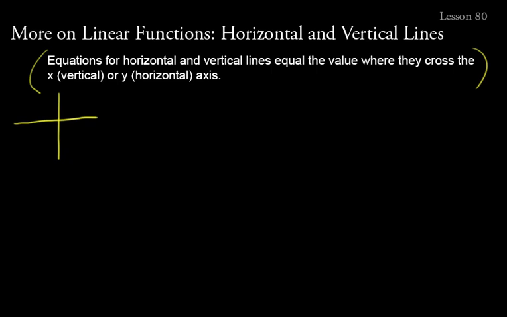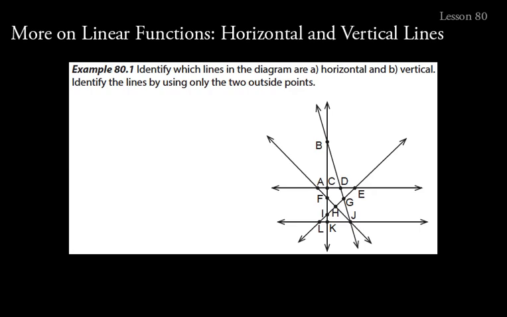Up to now, the linear equations you've learned about have had both vertical and horizontal components. So they're oblique, like the one I'm drawing right now, or slanted. The lines we're going to consider here are not oblique. They're horizontal or vertical.